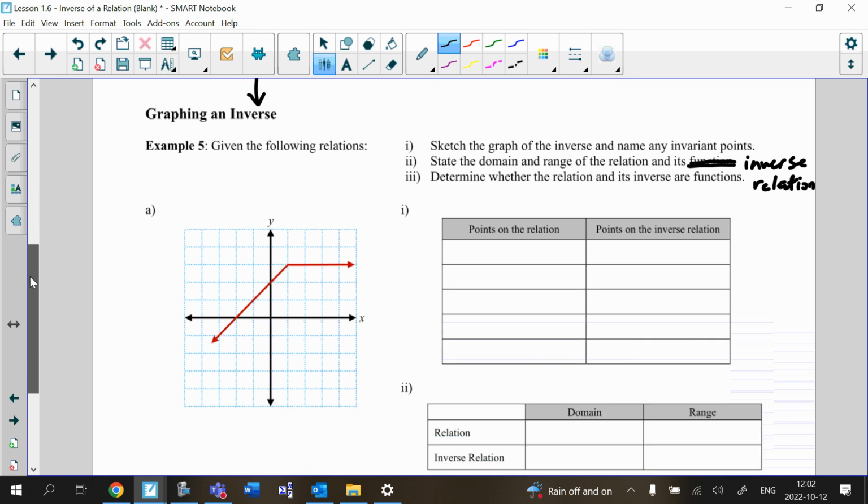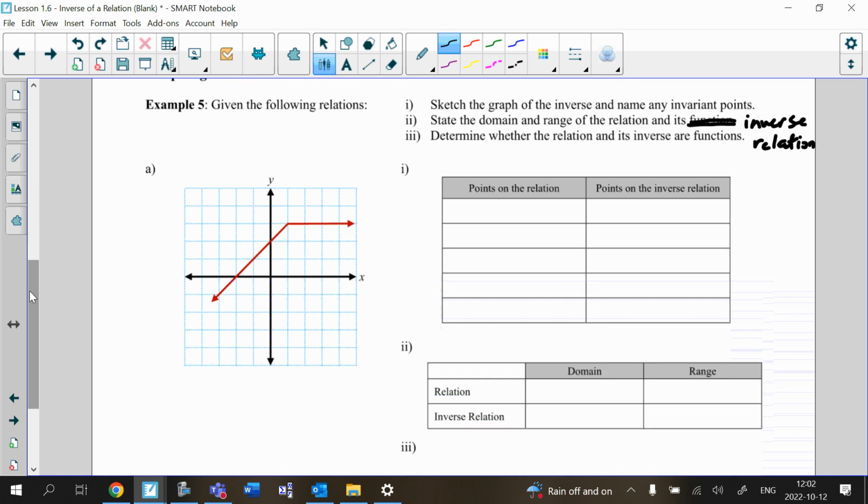So I want to make sure I account for all sections of the graph. I'm going to do this one, and this one, even though I've got space for more. That should be enough to graph the inverse. If it broke off like this, then I'd want to pick a point on that portion too. But you want to make sure you cover all sections. Otherwise, you might miss the graph a little bit.